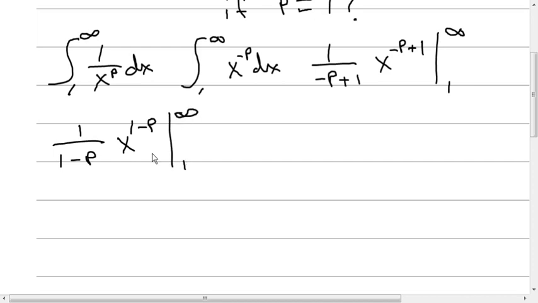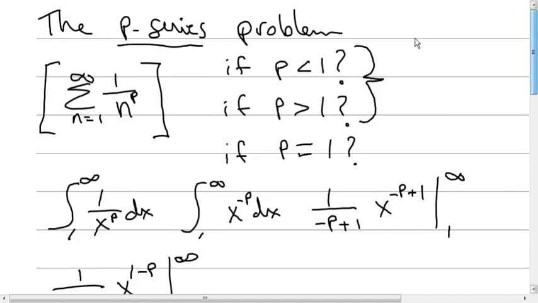Now I'm happy with the look of that, and I can start evaluating this, thinking about what would happen if p is less than 1, and what would happen if p is greater than 1. So I'm going to be right around 1 and saying, what if it's a little bigger? What if it's a little smaller? What's going to go on?